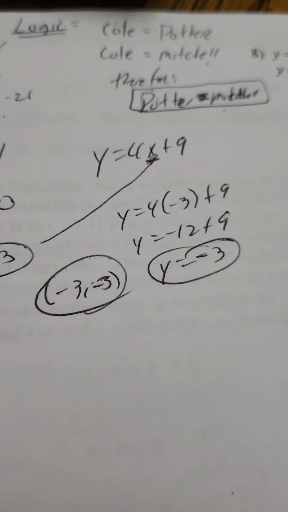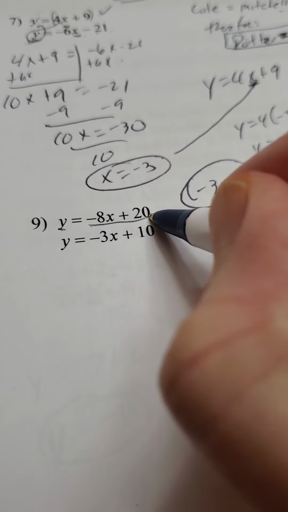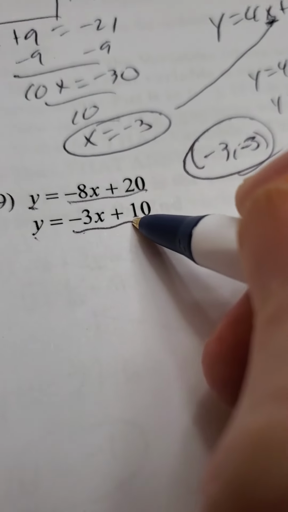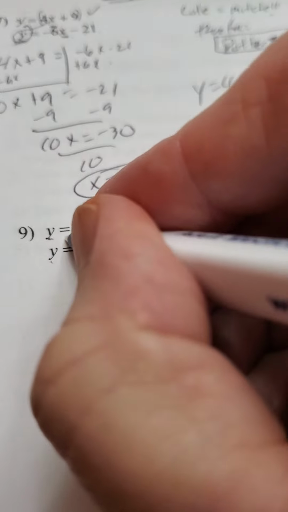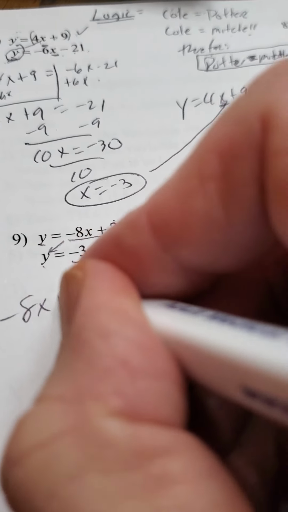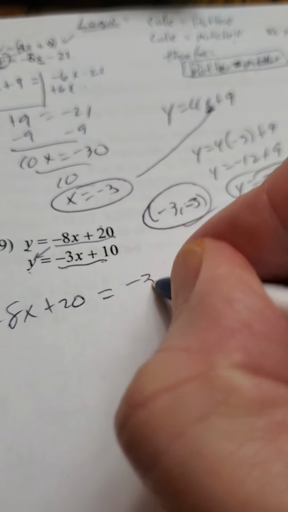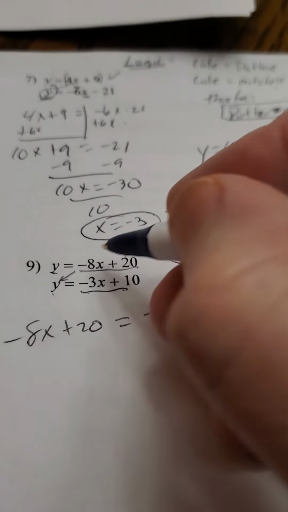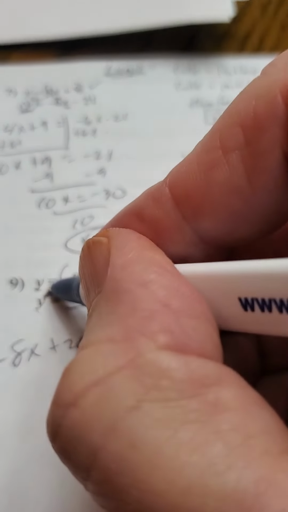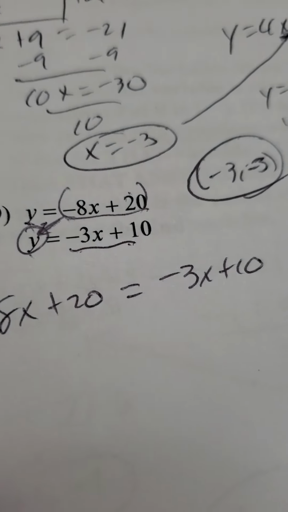Okay. I'll do one more. If y equals this and y equals this, then these two should equal each other. So I set that equal to that. Okay? It's the same as substituting where y is.